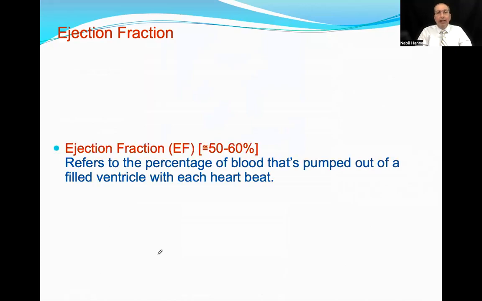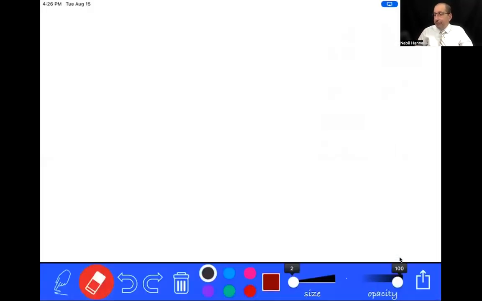So let's now talk about the definition of this very important ejection fraction thing. The ejection fraction refers to the percentage of blood that is pumped out of a filled ventricle with each beat. Let me use the white board to explain this. Let's say it's Black Friday and you are going shopping.